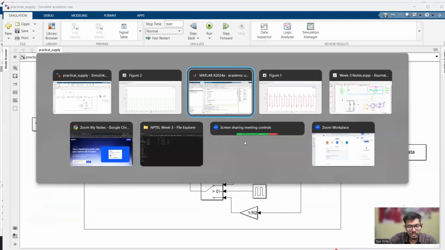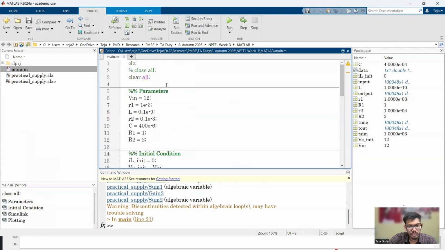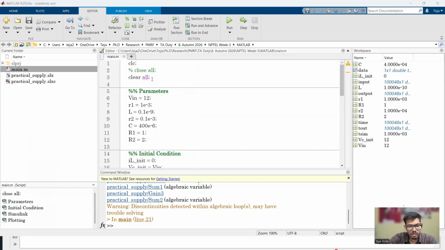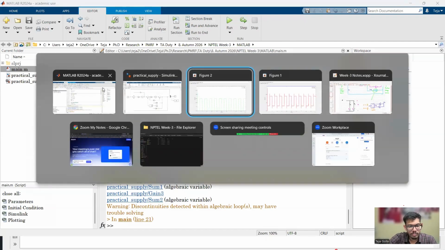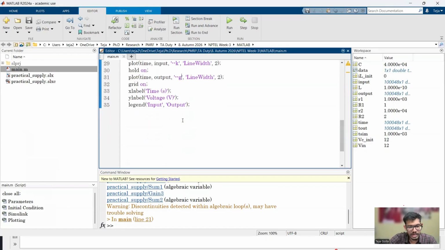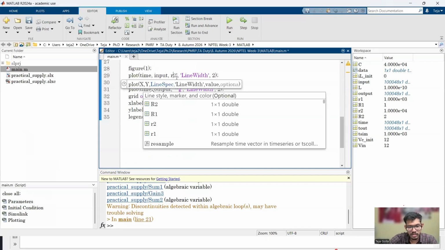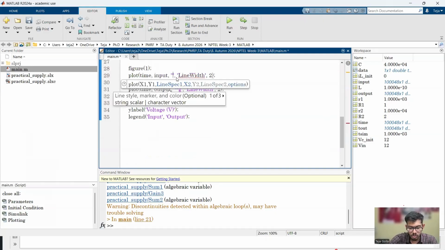Did I close it? Acha. Because I have not given the figure name, it has opened a different figure. So let us do one thing. Let us give the figure number, figure name. So I will give figure 1, and then initially this was blue, and this was red.